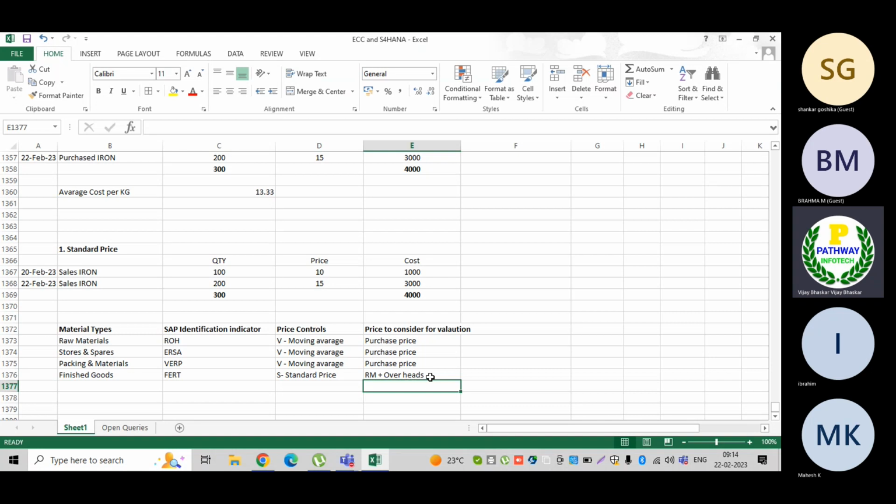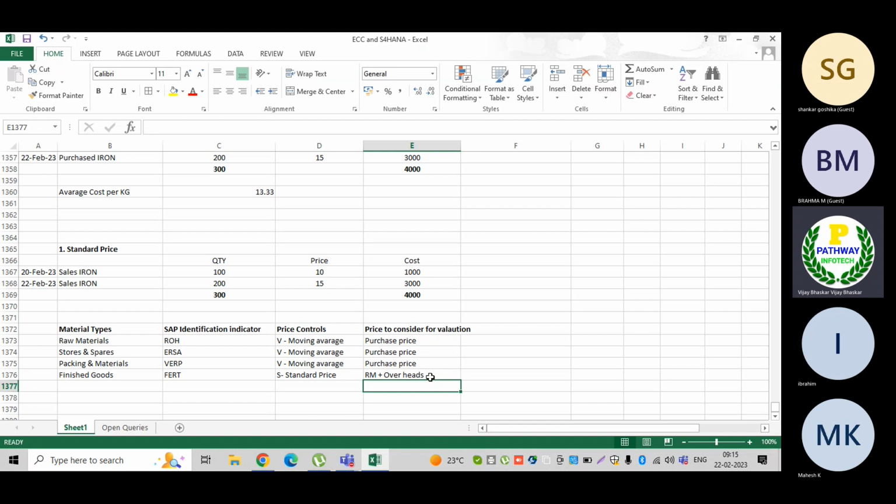What is meant by overheads? To manufacture a mobile, I need to spend on multiple different kinds of expenses: I need to use labor, machinery, and spend on power, oil, warehouse charges, scrap expenses, and cleaning expenses for machinery.